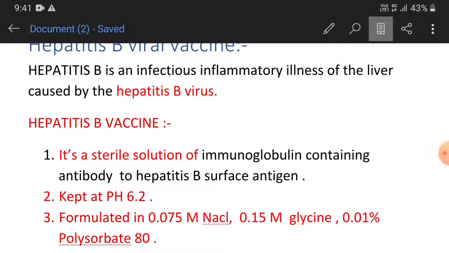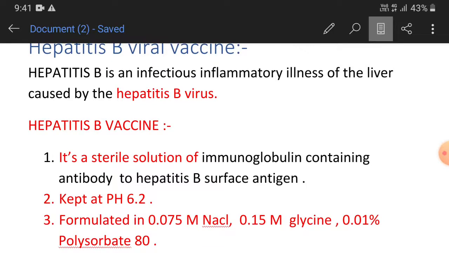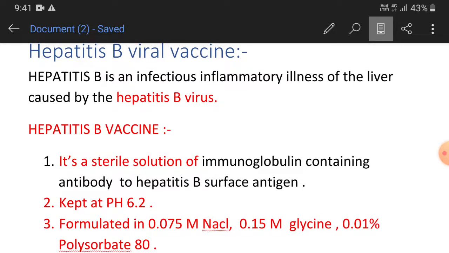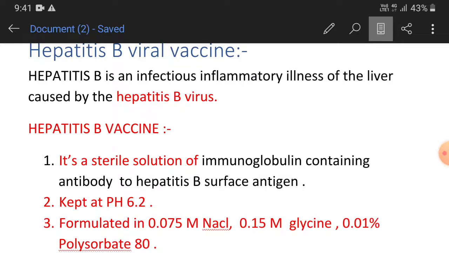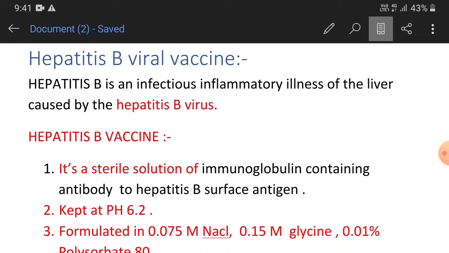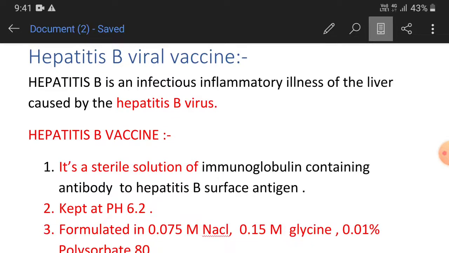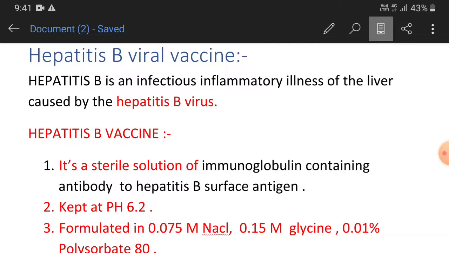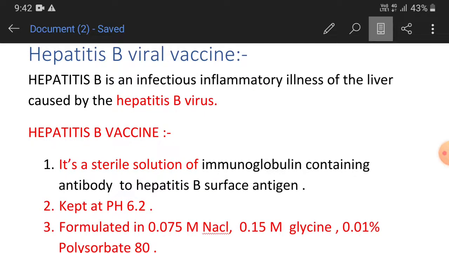Due to the entry of the hepatitis B virus, there is a chance of increase in the size of the liver, which is known as hepatomegaly. It also causes liver cancer under some chronic infective situations. So it is necessary to construct a viral vaccine against that particular type of virus.